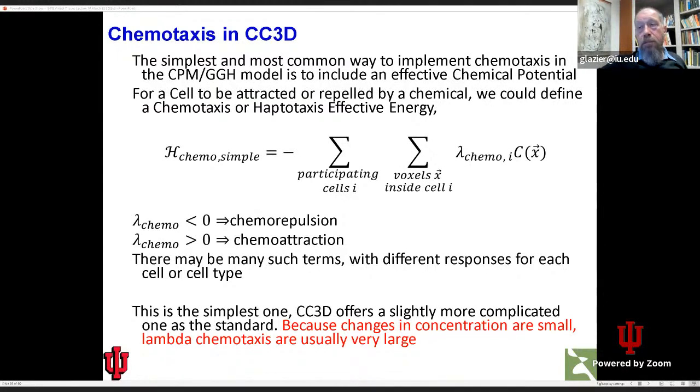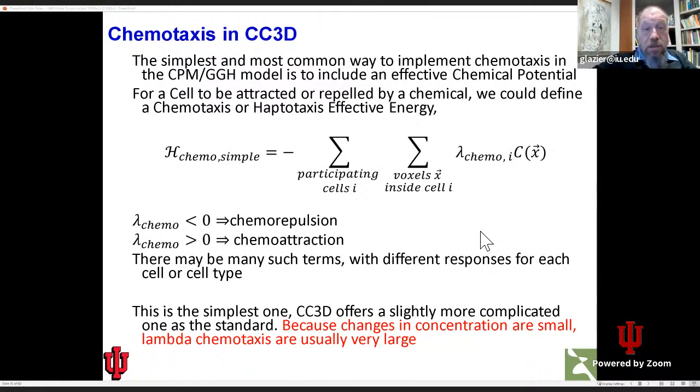There are a couple of possible algorithms for determining the chemotaxis energy, and some of them have rather perverse effects. One question is, if you have two cells and you bring them in contact with each other, at the boundary between the two cells, is there any force?